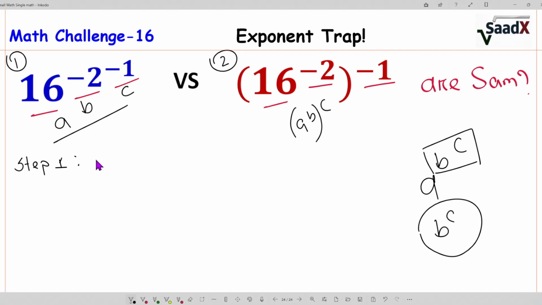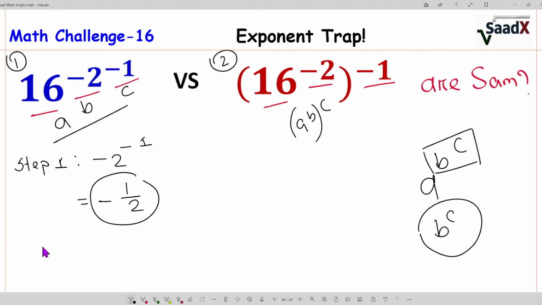So here it is minus 2 to the power minus 1. It's a negative exponent, so what can we do? Look, 2 to the power minus 1 means 1 by 2, right? So this minus 2 to the power minus 1 means minus 1 by 2.